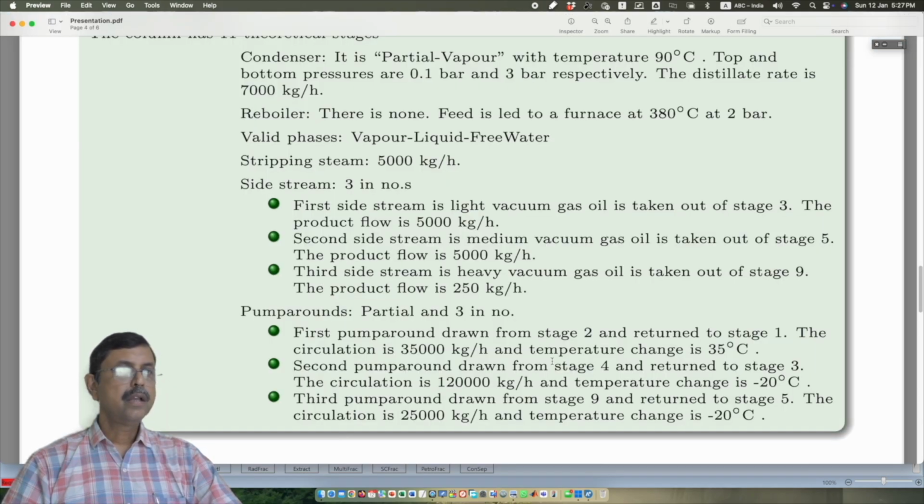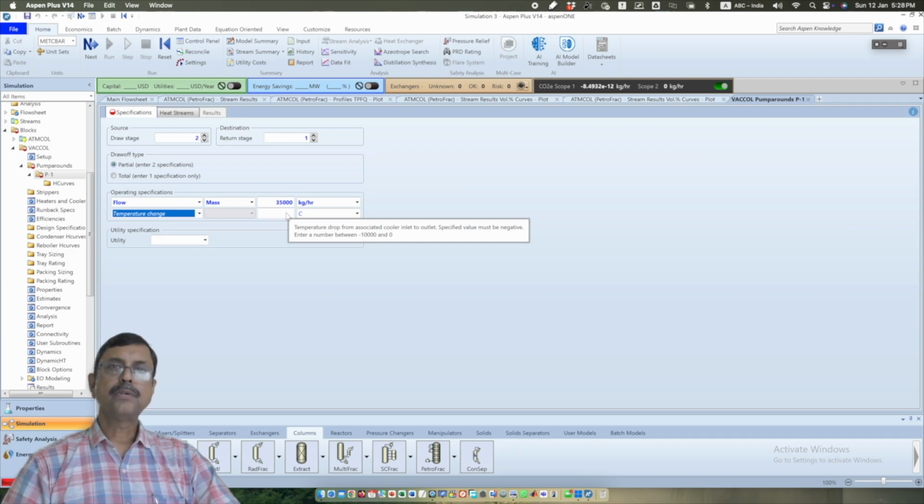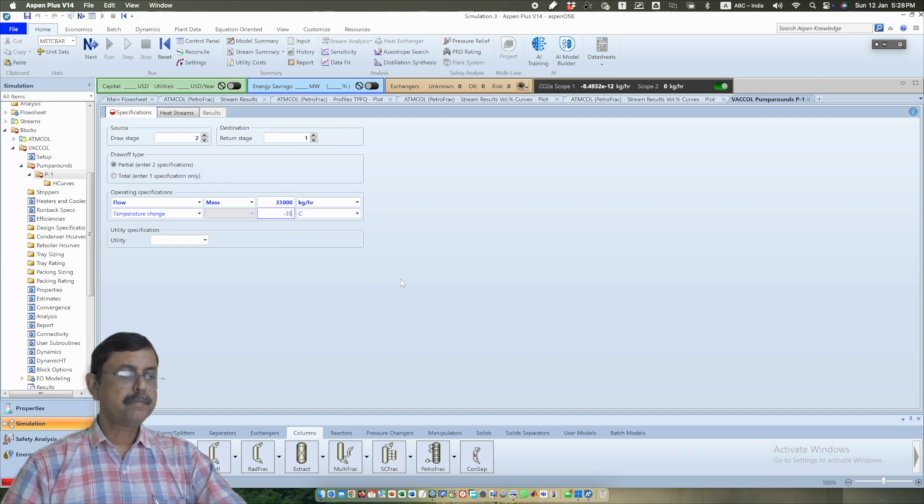And here we have to provide the temperature change. Okay, temperature change is 35 degrees centigrade. Actually, it should be minus 35 degrees centigrade. So temperature change, we have to provide over here. It should be minus 10,000 to 0. Specified value must be negative. So temperature drops. So it is minus 35.